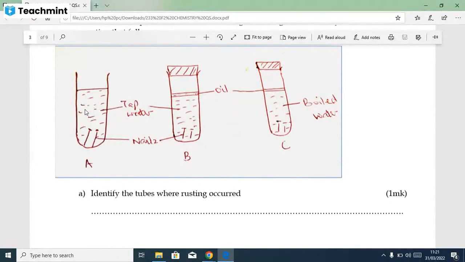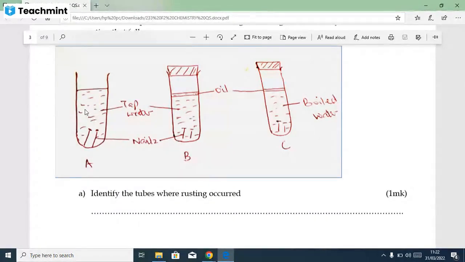What is the reason why there was no rusting at B? Because of the presence of the oil. Yes, it's correct, there is oil. So the oil does what? It does not allow oxygen to enter into the jar, and oxygen is necessary for rusting, right?